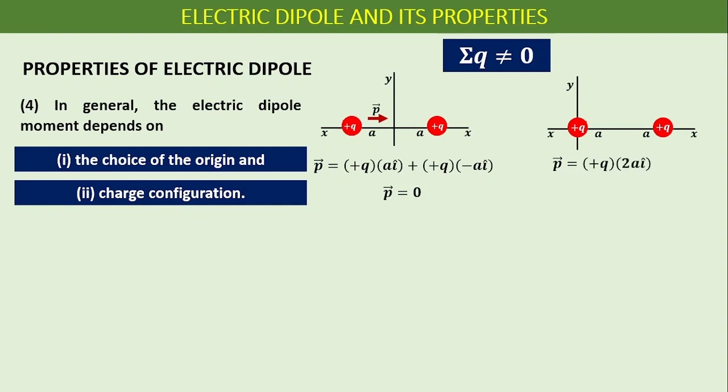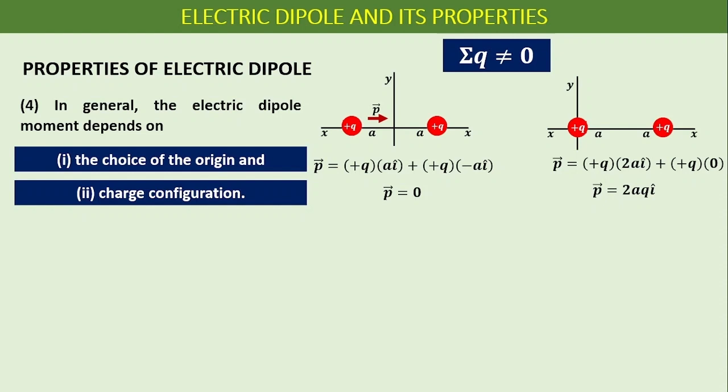Let us go for the second case. p vector equals plus q 2a i vector plus q into 0, because one of the charges, that left charge, is at the origin. Now the dipole moment p vector equals 2aq i cap. Good. For the first case, the dipole moment is 0. For the second case, the dipole moment is 2aq i cap.